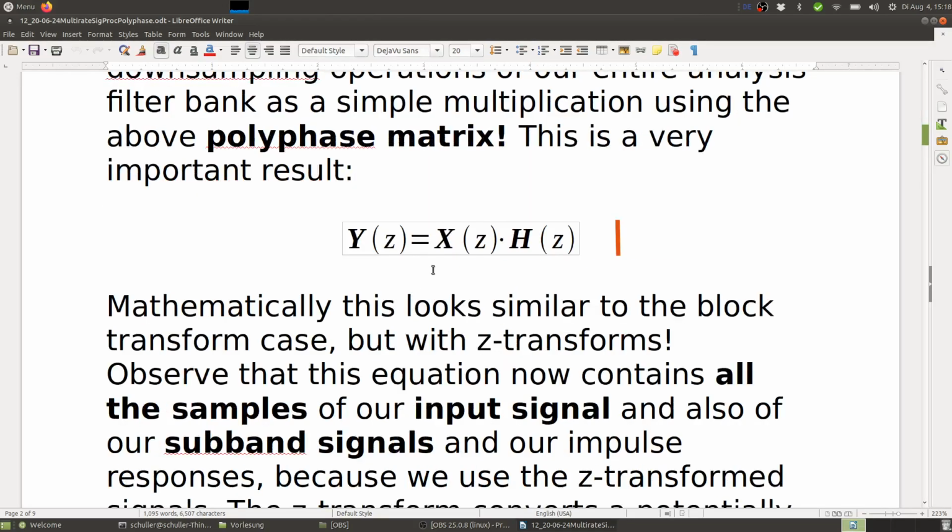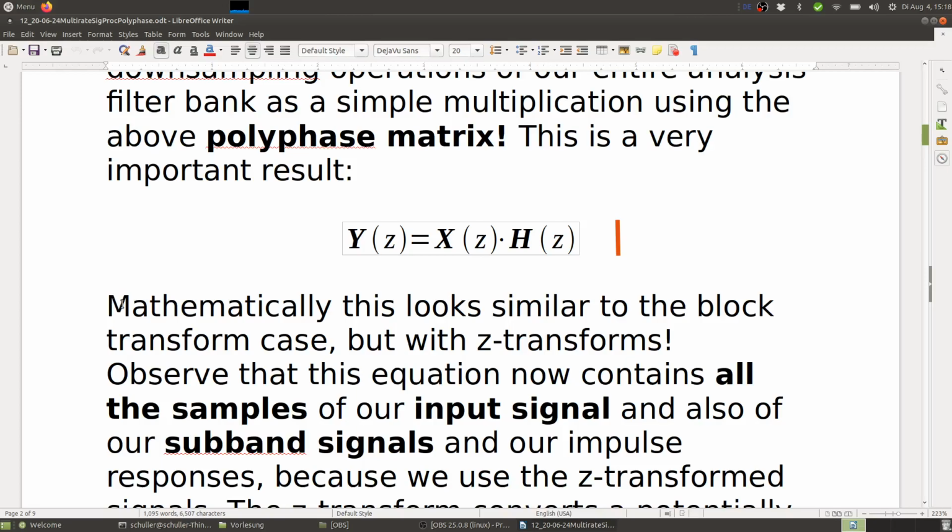So here we can see it now. The output of our analysis filter bank, Y of z, in the z domain, including downsampling, is now simply the result of the multiplication of the polyphase vector X of z times the polyphase matrix H of z containing all the analysis impulse responses.